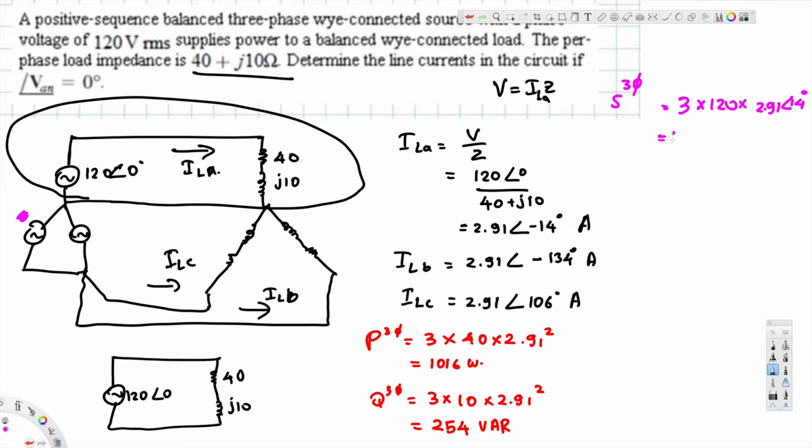And if you calculate this one, that's going to be 1016, and the imaginary part is going to be j254 volt-ampere.